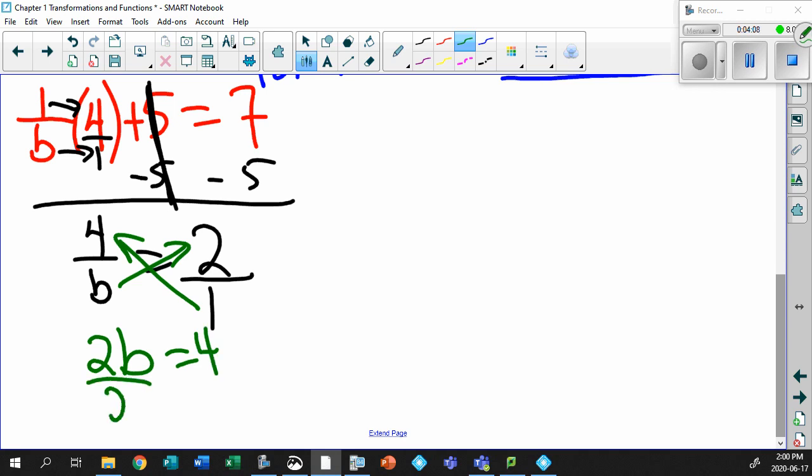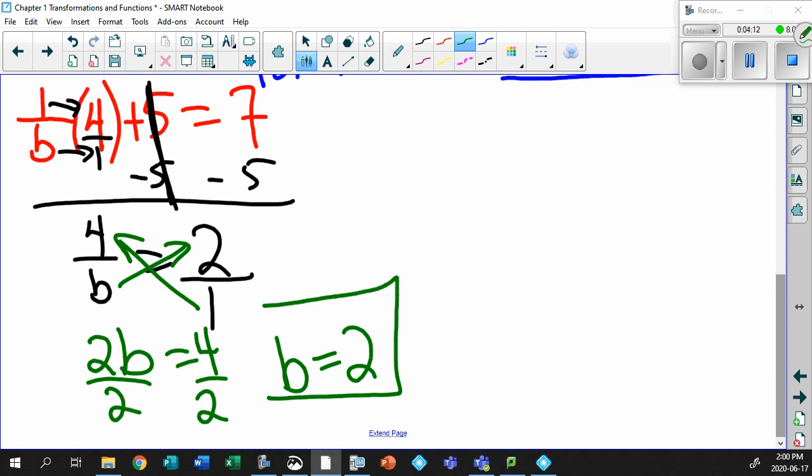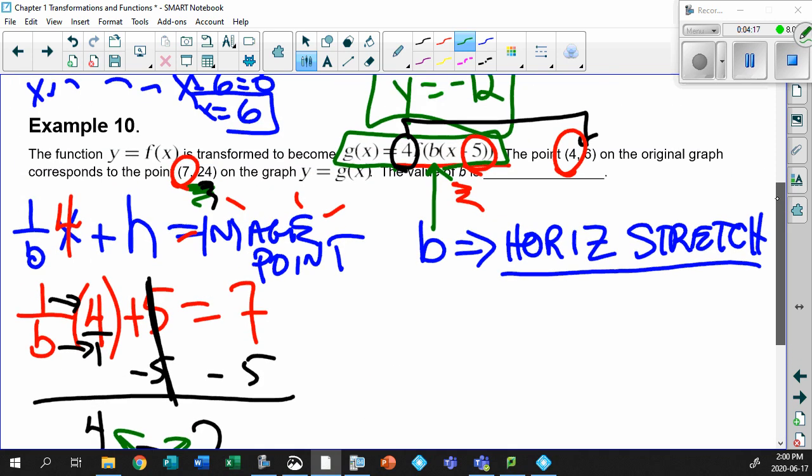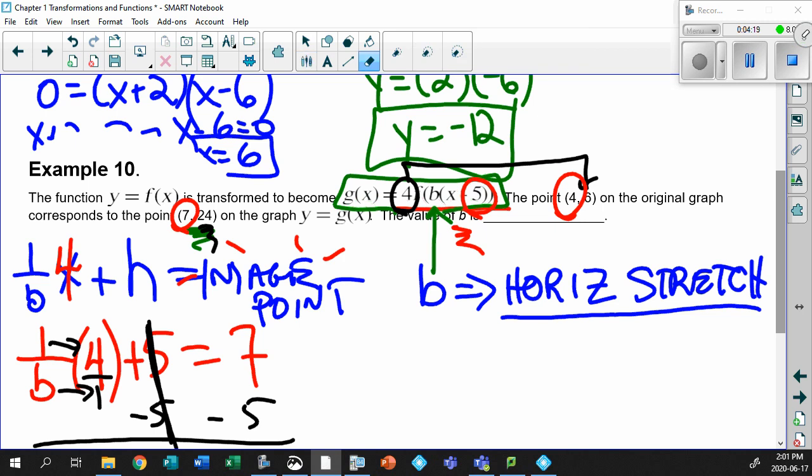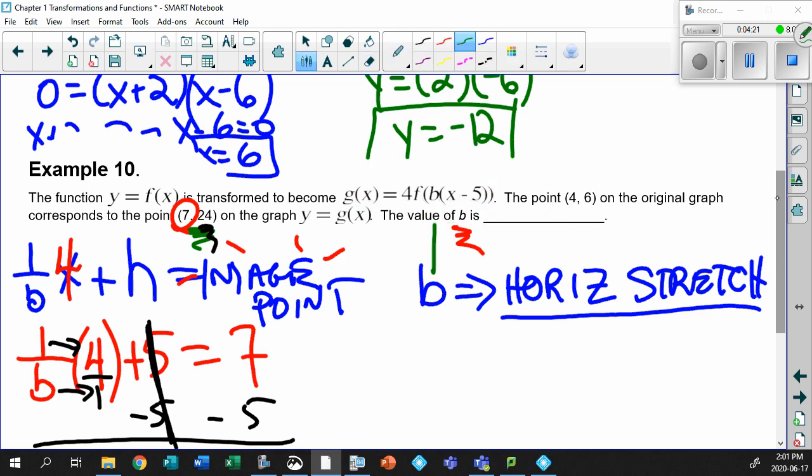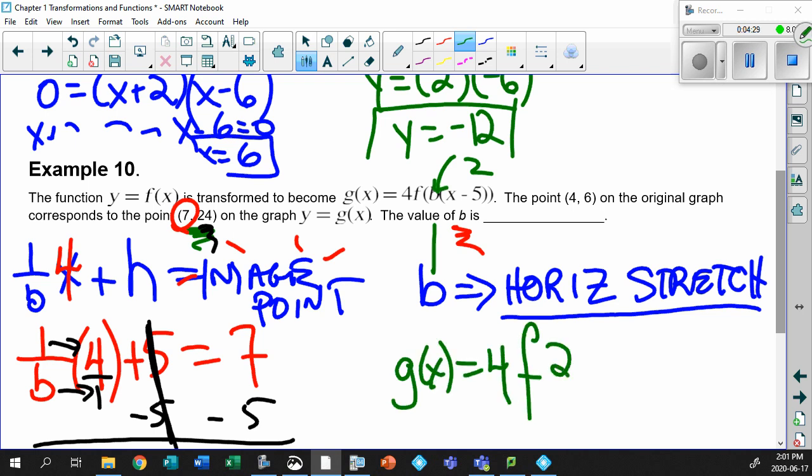Divide by 2. Divide by 2. b, in fact, is 2, right? So if you go back into the original equation, let's clean this up, let's put the b right there, and the b value is 2. So you can say g of x complete now is 4 times the function of 2x minus 5. There it is, and that'll work just beautifully.